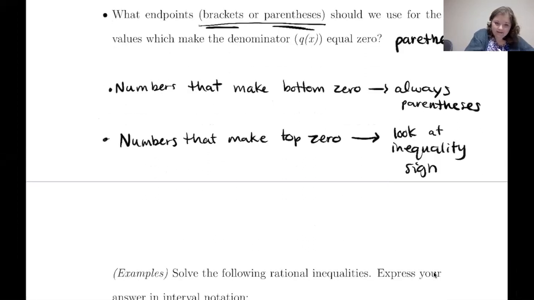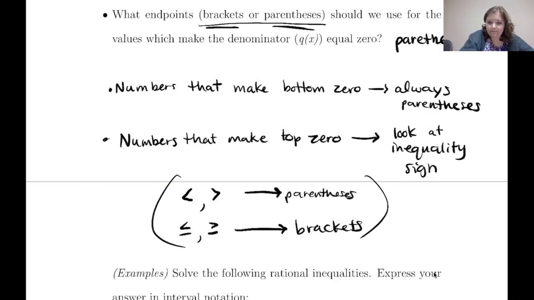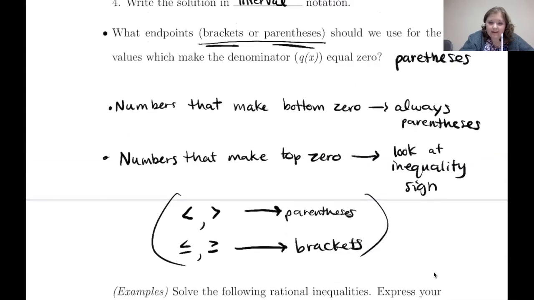And so what that means is strict inequalities are going to get parentheses, and the inclusive inequalities are going to get brackets. Okay. So with each one of those, you'll have to say, okay, is this a point that makes the bottom equal to 0? If so, we automatically get parentheses. If it is something that comes from the top equaling 0, well, we'll have to figure out that from these signs here.